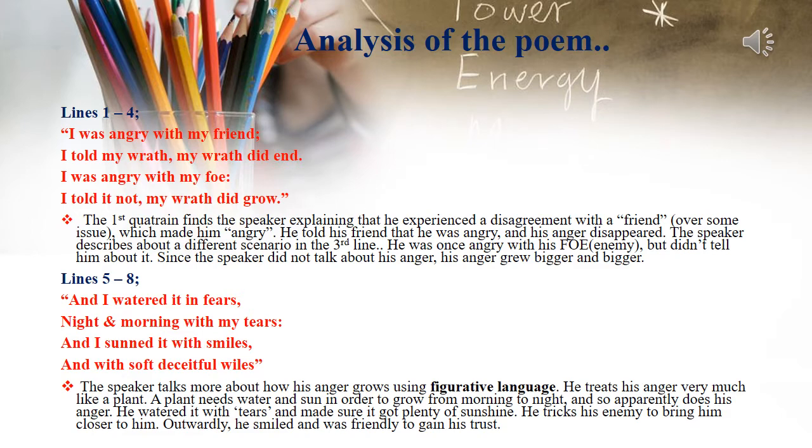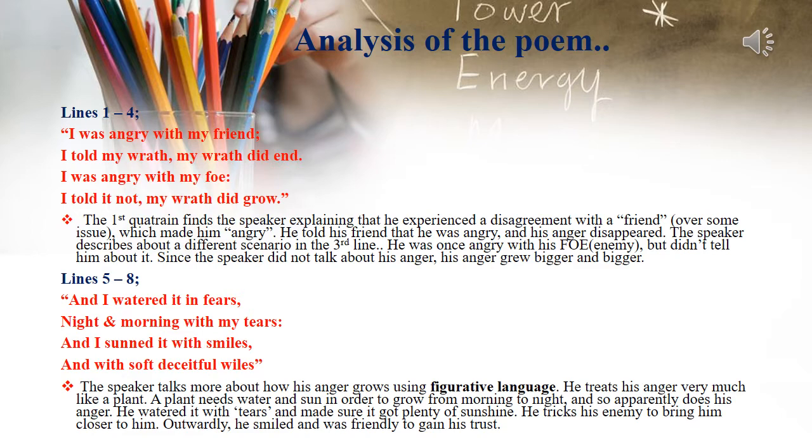He treats his anger very much like a plant. So we can see here a metaphor. So his anger, he has used as a plant. Actually here it is not comparing, we have to take this as a metaphor.